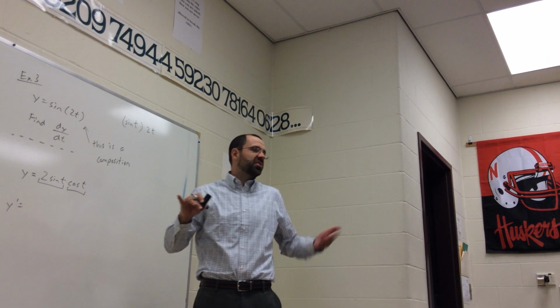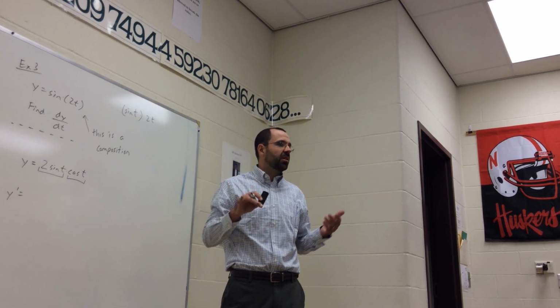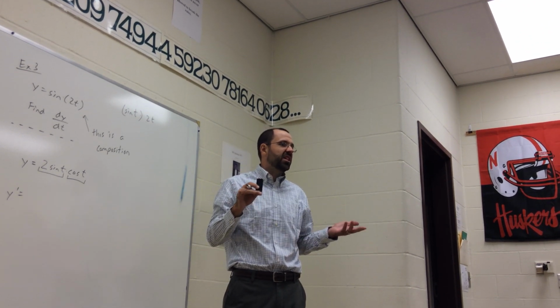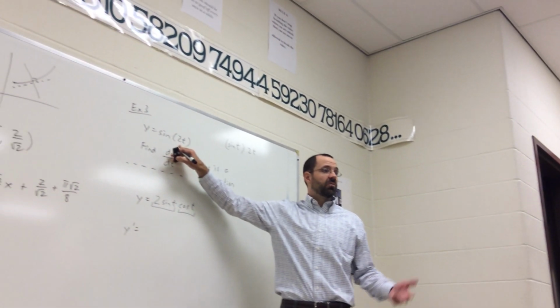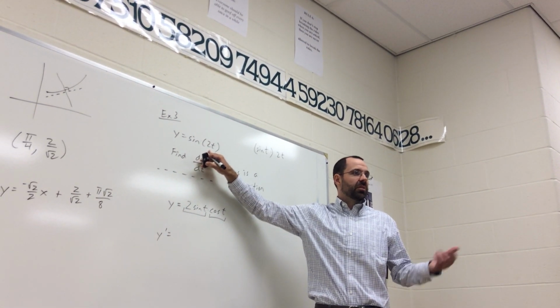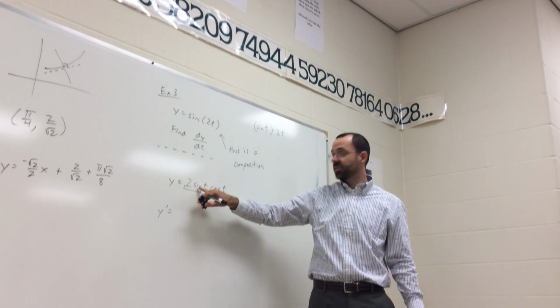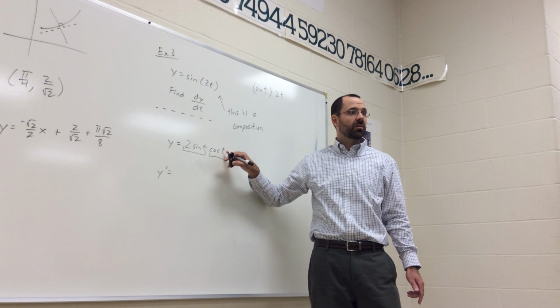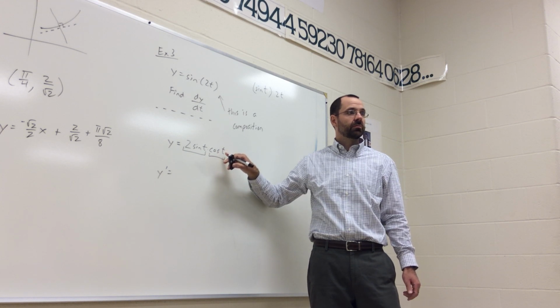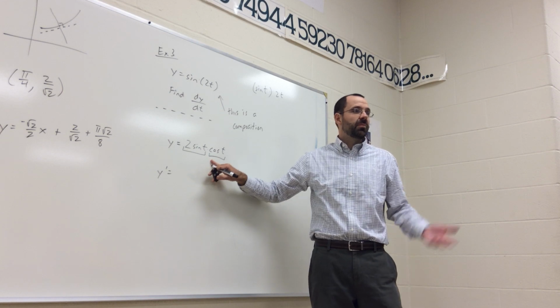So type in sine of parentheses 2 times 15. And then you get a big nasty decimal. Now press 2 times the sine of 15 times the cosine of 15. Same decimal.